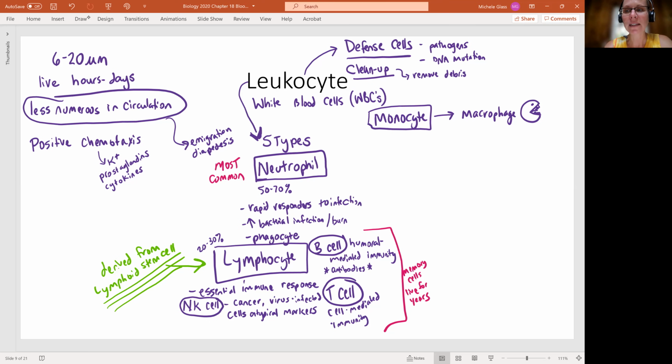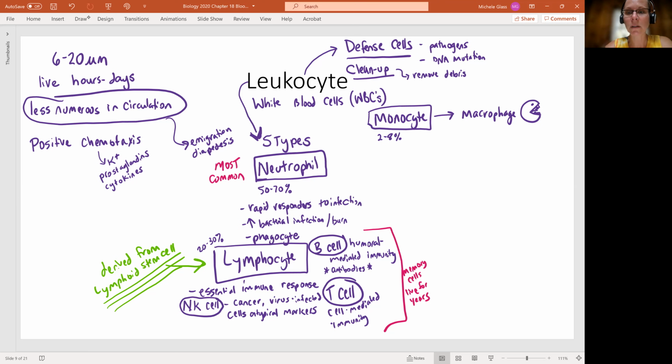We see that these are living in the spleen, living in the liver, living in the bone marrow, but then also strategically located throughout the body. So these are going to be one of our important phagocytic cells of the body. And the monocyte we see is at a percentage of like 2 to 8% of the white blood cells. And these percentages should be based on the circulation levels.